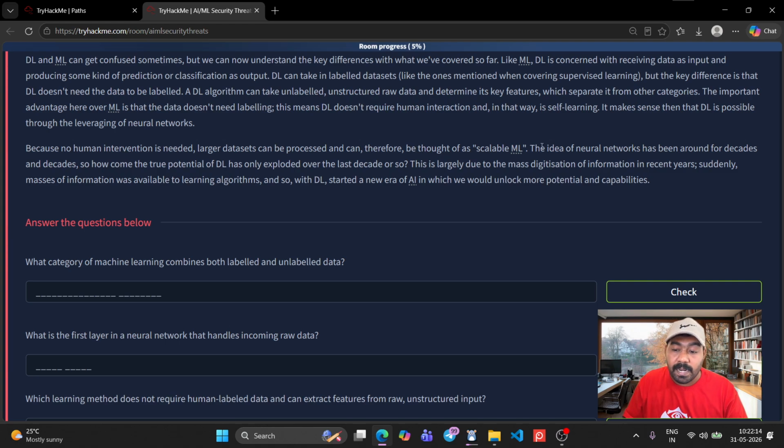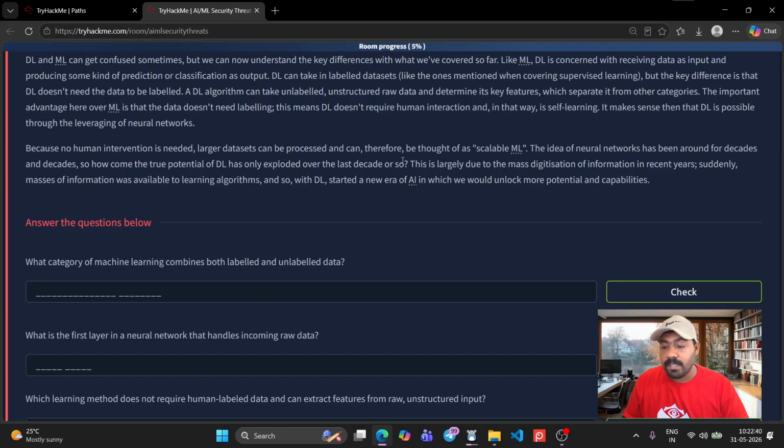The idea of neural networks has been around for decades and decades. So how has the true potential of DL exploded only in recent years? This is largely due to the massive digitization of information.